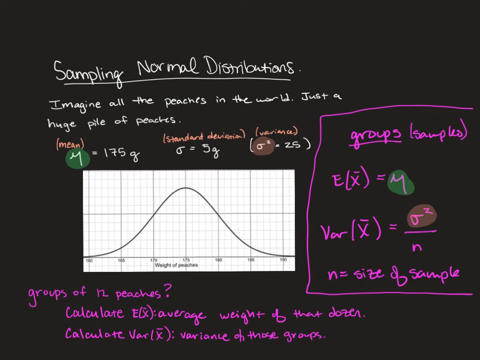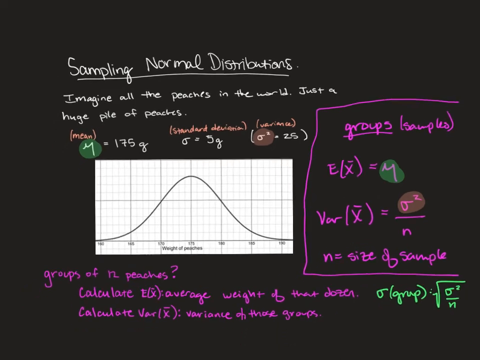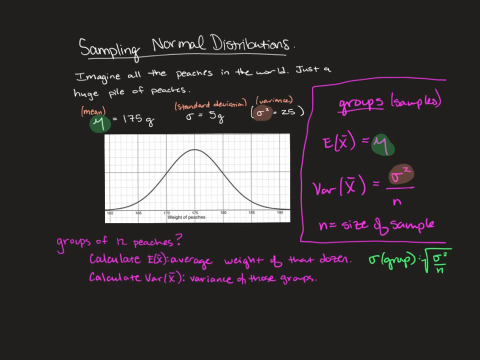So if you wanted to get the standard deviation of the group, then you would take the square root of the variance divided by n. To be very clear, if I had this group of 12 peaches, then my expected value of the weight of those peaches would be 175 because it is equal to this right here.